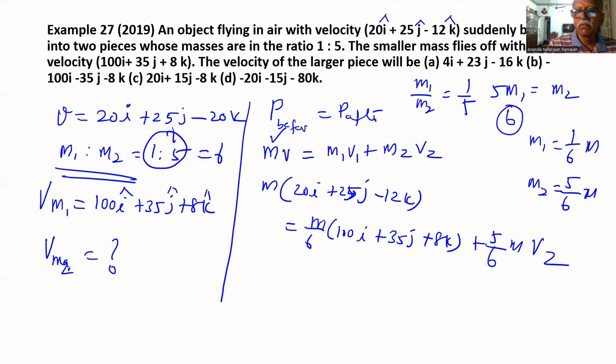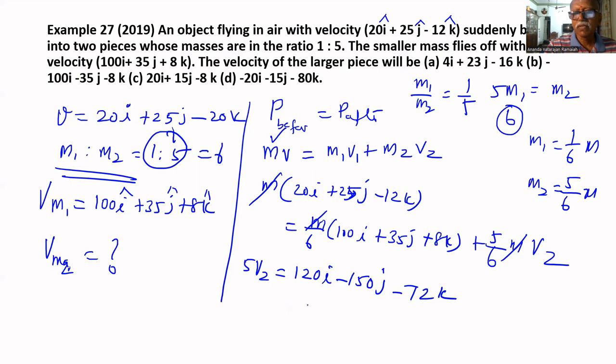We multiply both sides by 6 and cancel M. You will get 5 times V2 equals, multiplying this by 6, 120I minus 150J minus 72K.